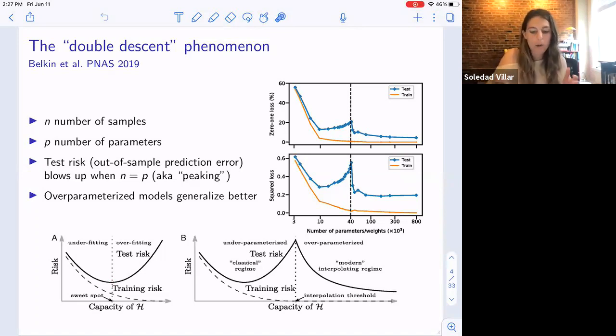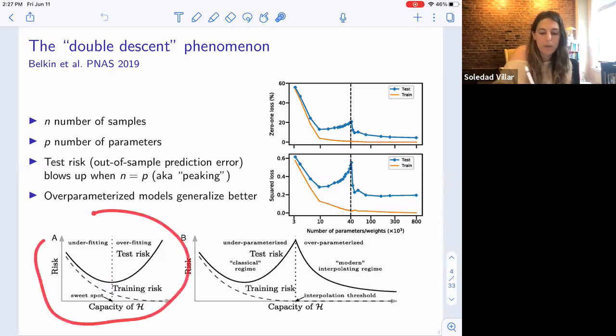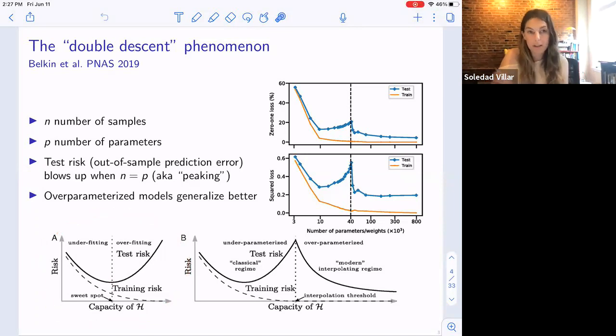And what they claim is that you shouldn't stay just with this picture, but go over the overparameterized regime and see what happens. They say that if you start increasing the capacity of your model, then there's going to be some form of implicit regularization of your model that will end up making the test error start decreasing.